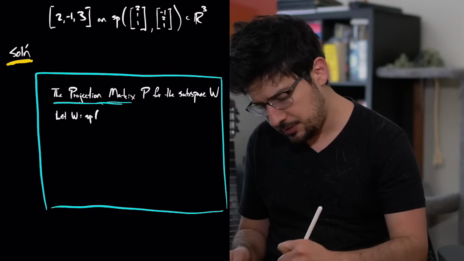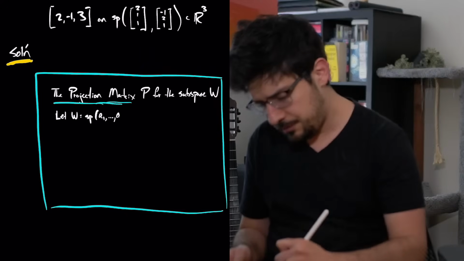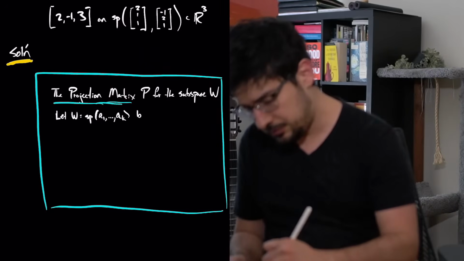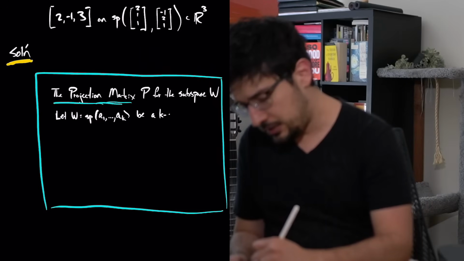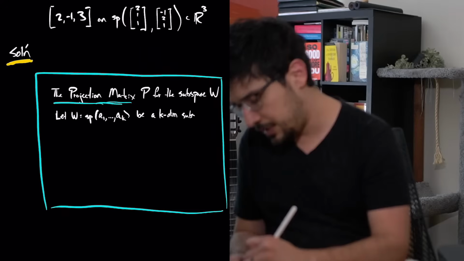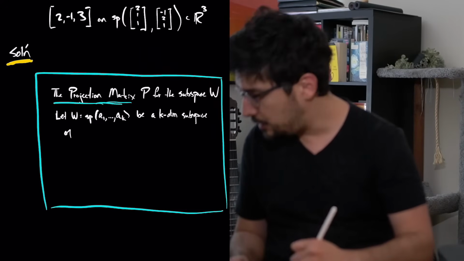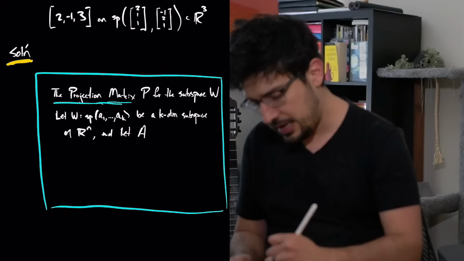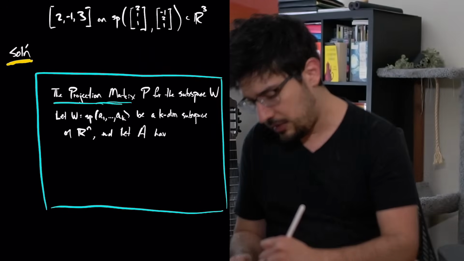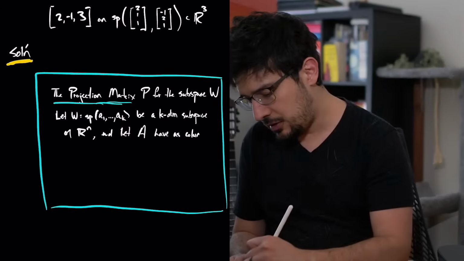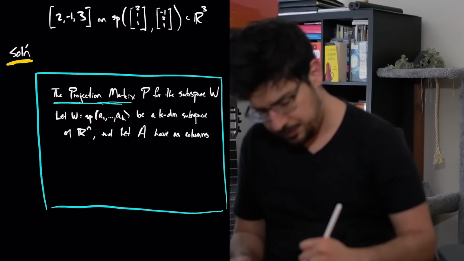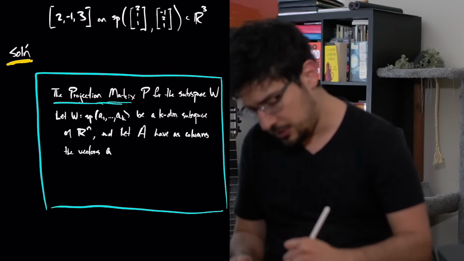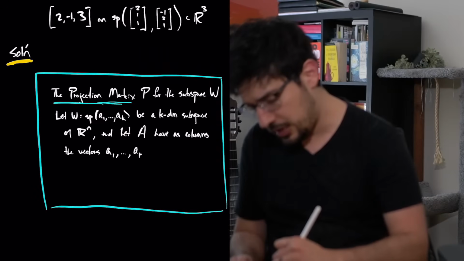Let W be the span of A1 through AK, a k-dimensional subspace of Rn, and let A have as columns the vectors A1 through AK.